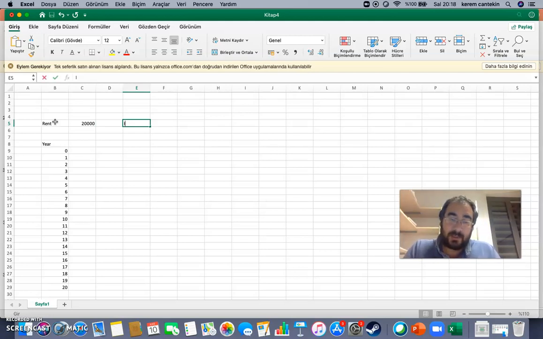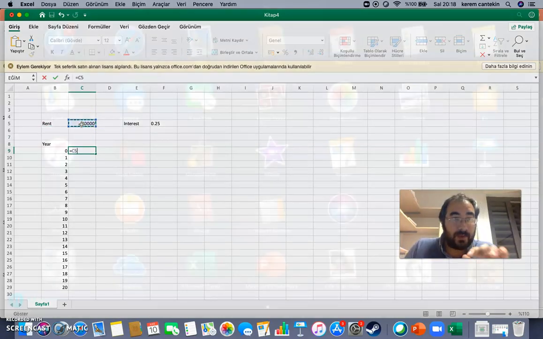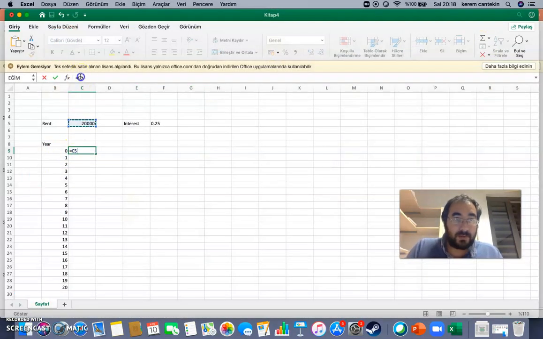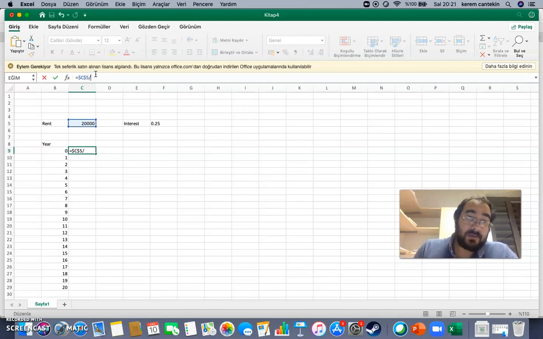And let's write the interest rate of this person, which is, let's say, 0.25%. So for every year, I need to take the income and I need to fix it. I'm sorry, I need to put dollar signs before and after C. I write C5, which represents this rent quantity, and that means that $20,000 will be fixed.